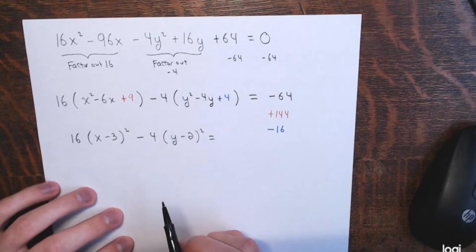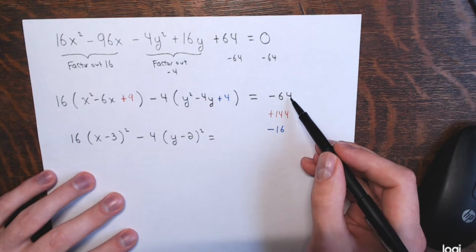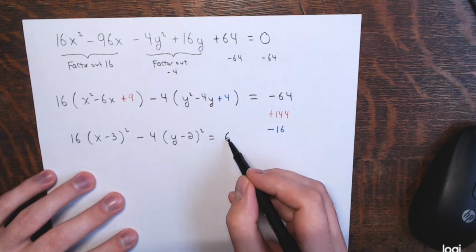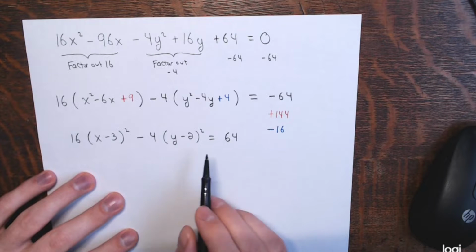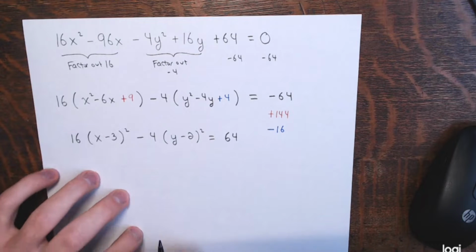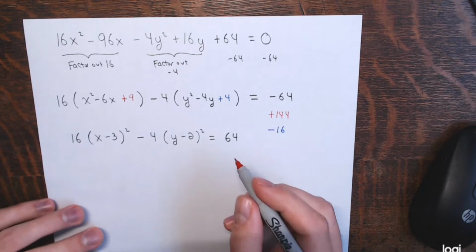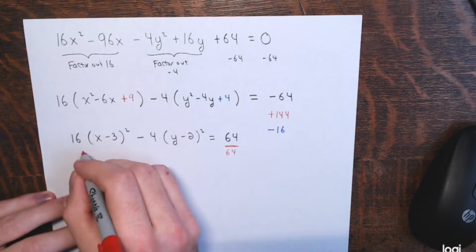All right, and then on the other side, negative 64 plus 144 would be 80, minus 16 would be 64. And it just so happens again that 4 times 16 is 64. Again, they're being very, very kind with the examples they're giving us here. And then to turn this side into equals 1, I just divide everything by 64.